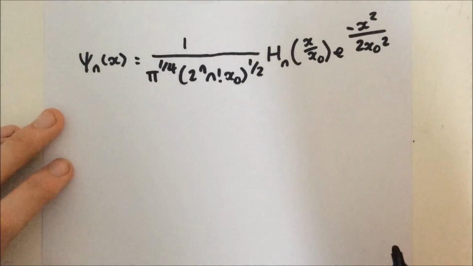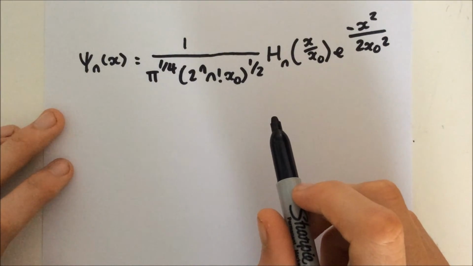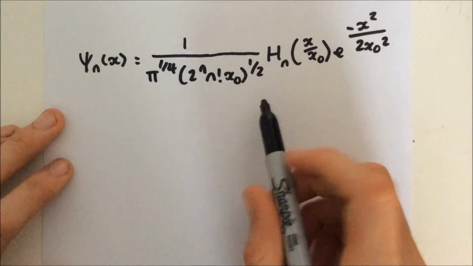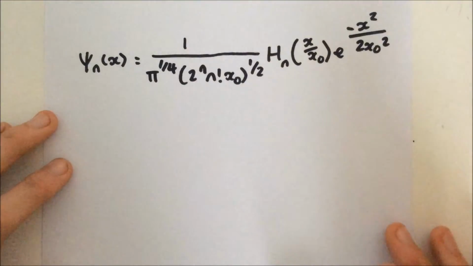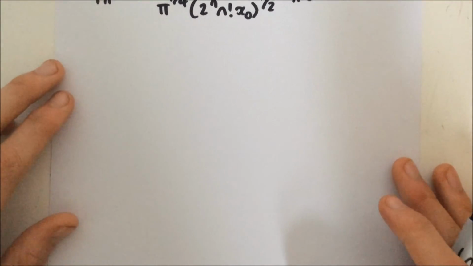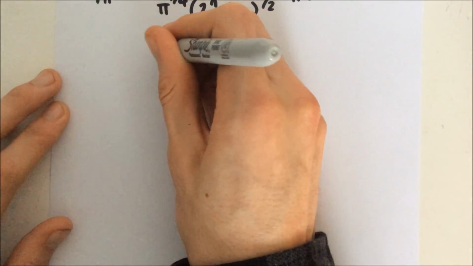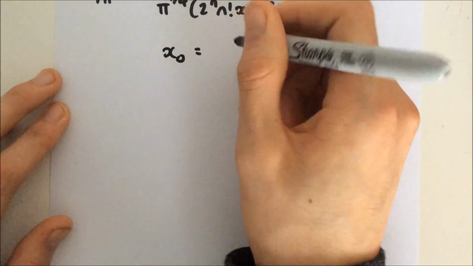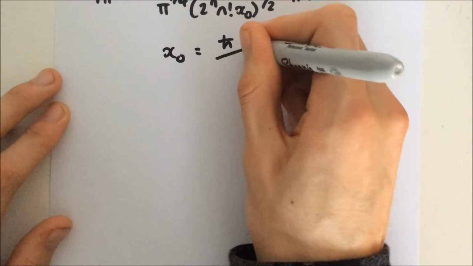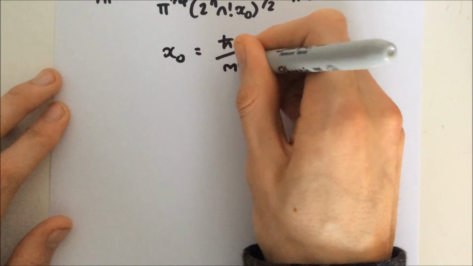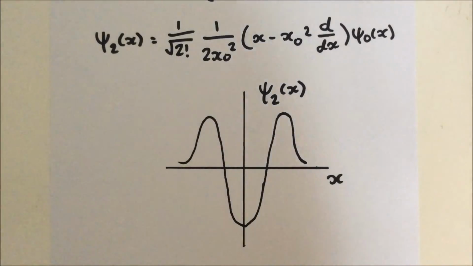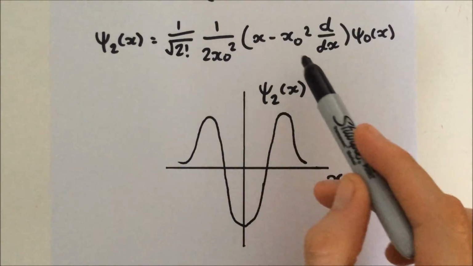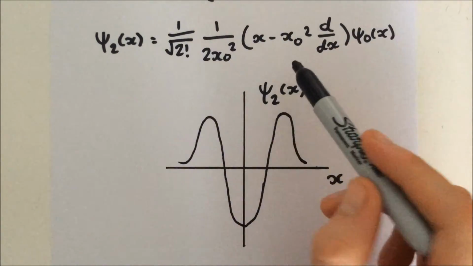So this is the wave function for the quantum mechanical harmonic oscillator using the Hermite polynomial, where, as I'll remind you, x naught is equal to (h bar divided by m omega) all to the power half.